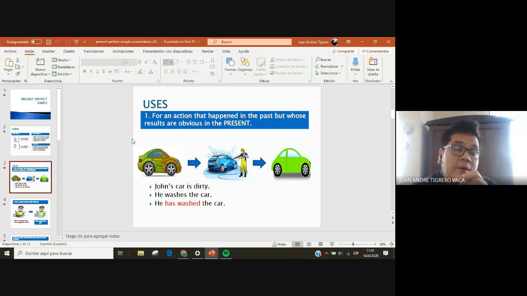Remember the dirty car, the wash car, and the clean car. So for the present perfect, you cannot say last week, last month, last year, yesterday. That's not correct. What is that tense? If we use last week, last month, or yesterday, what would be that tense? What's the name of that tense?